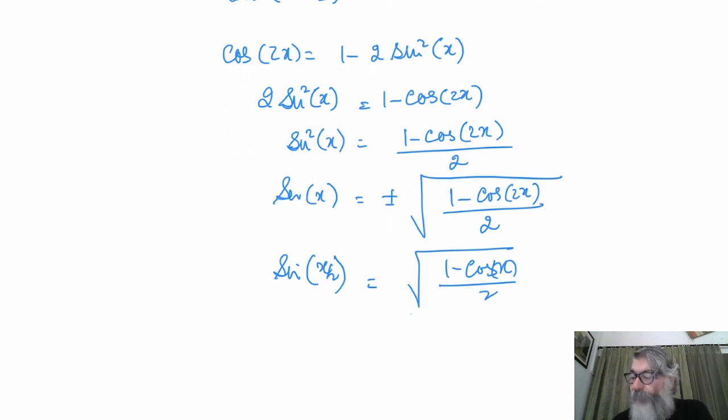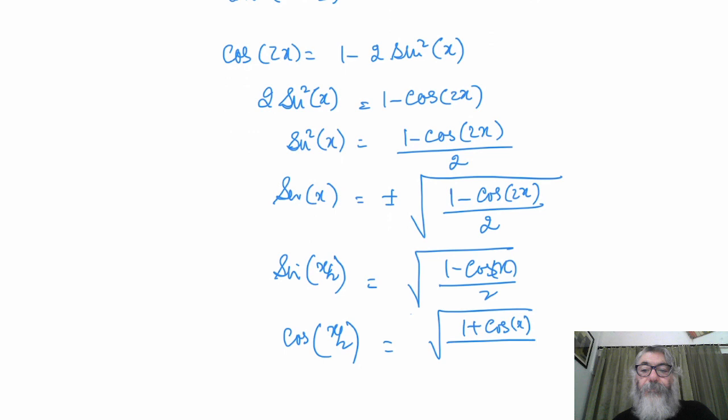If it is x by 2, it is cos x by 2. Similarly, using the formula for cos 2x in terms of cos x, we can find cos x upon 2 as under root 1 plus cos x upon 2. Is that clear?